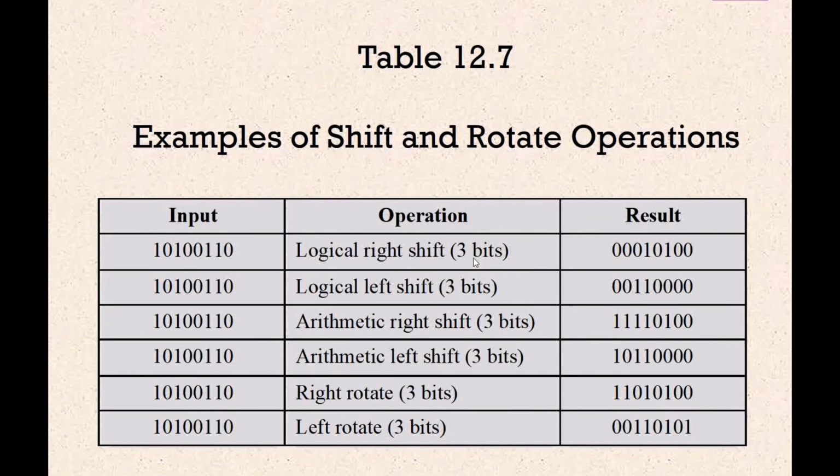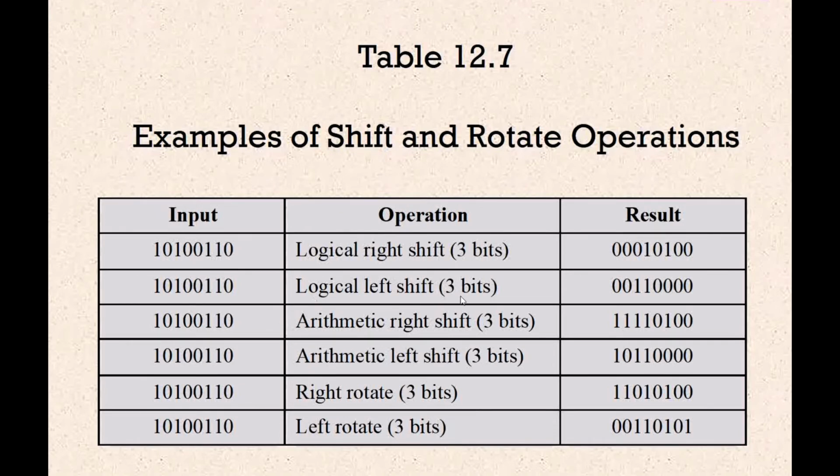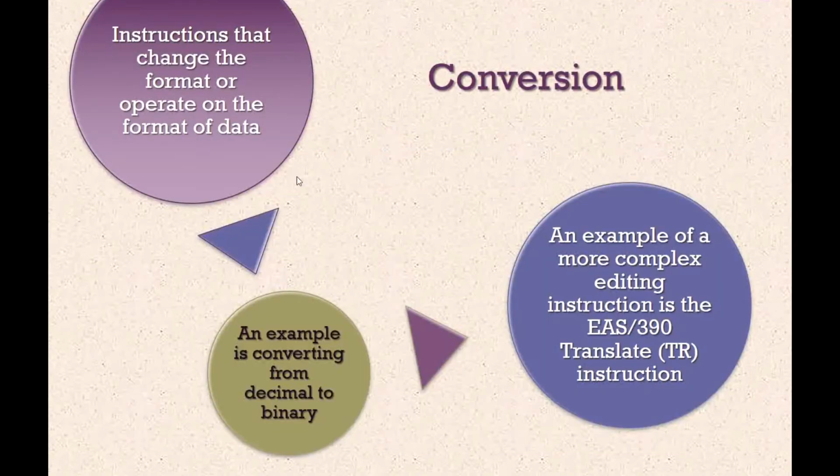Only 3 bits will shift, and the result will be like this. In the second example, a logical left shift of 3 bits, and another example is arithmetic left shift and rotate. Many more examples you can also see in books.